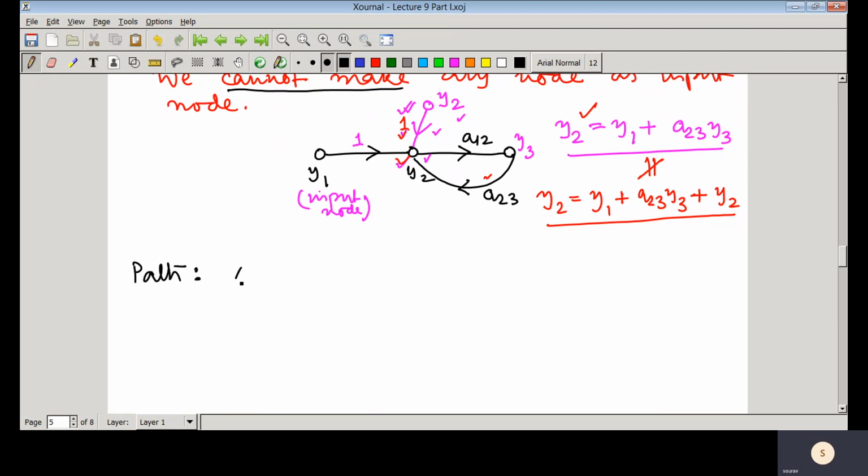A path is any collection of a continuous succession of branches traversed in the same direction.